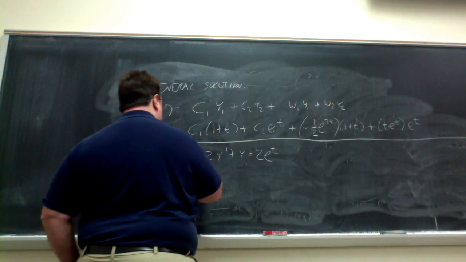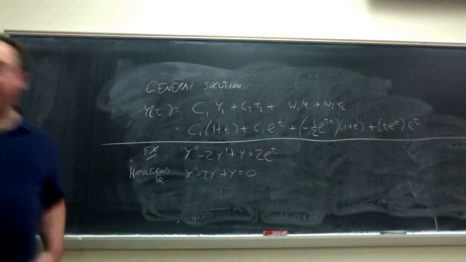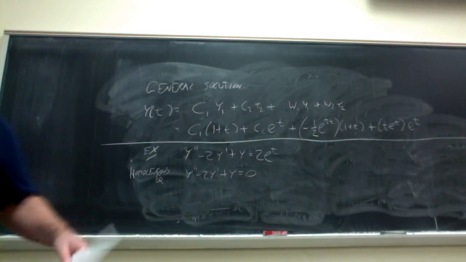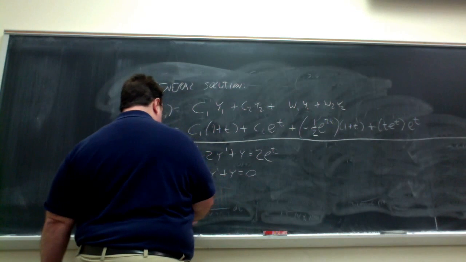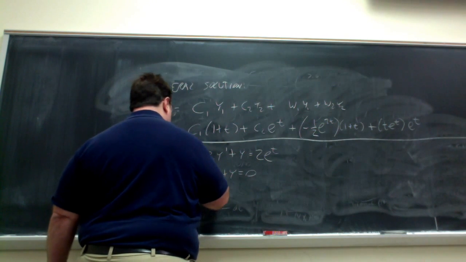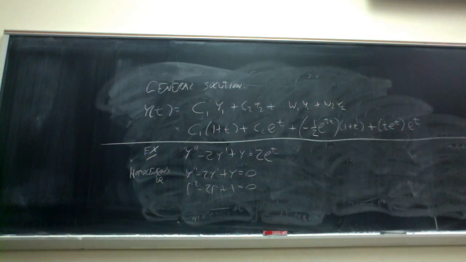So y double prime minus 2y prime plus y equals 0, and then what? Find the characteristic equation, which is r squared minus 2r plus 1 equals 0. Yeah, just replacing orders of differentiation by powers of r.